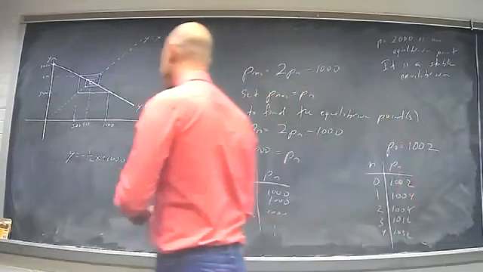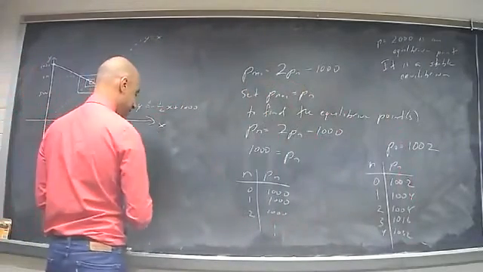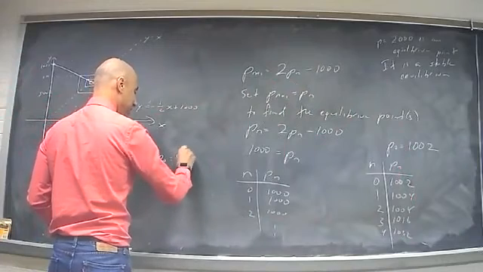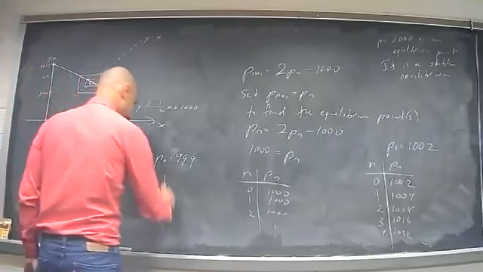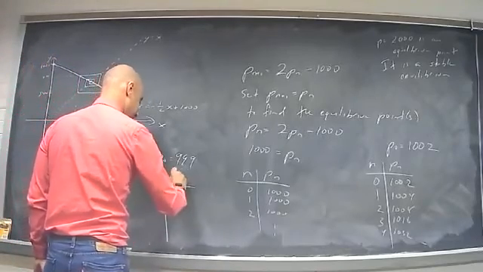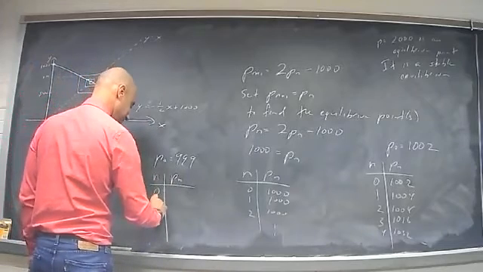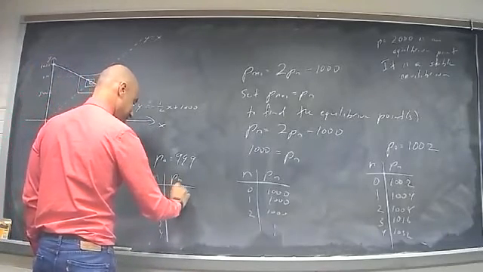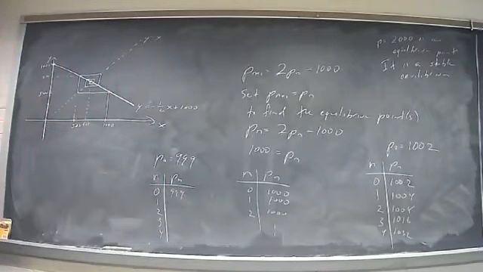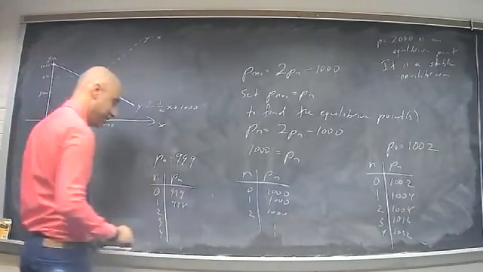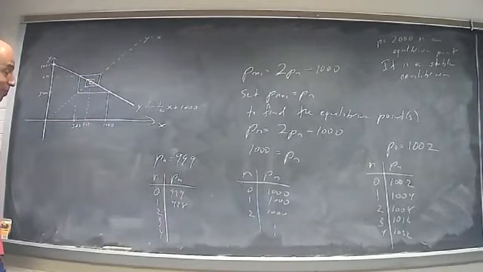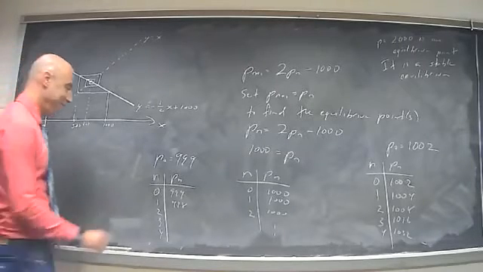What if I gave you P0 equals 999? Two times 999 is 1,998, minus 1,000, which is 998. 2 times 998 is 1,996, minus 1,000 is 996.